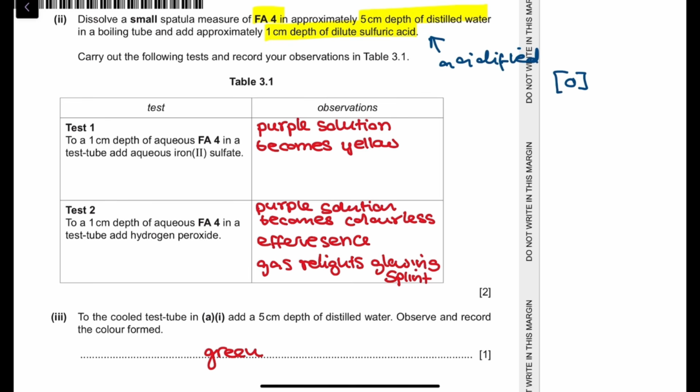We've carried out test 1 by adding it to aqueous iron(II) sulfate. Now what this will do is oxidize our Fe2+ ions to Fe3+ ions. Now a solution containing Fe3+ ions is going to be yellow.